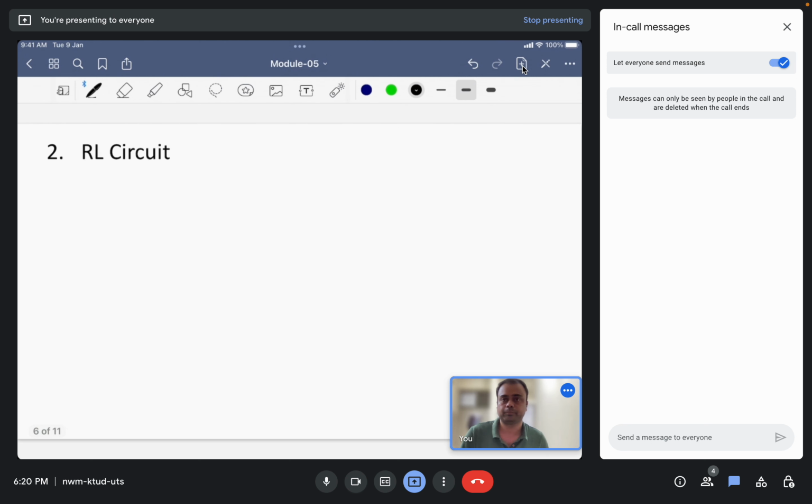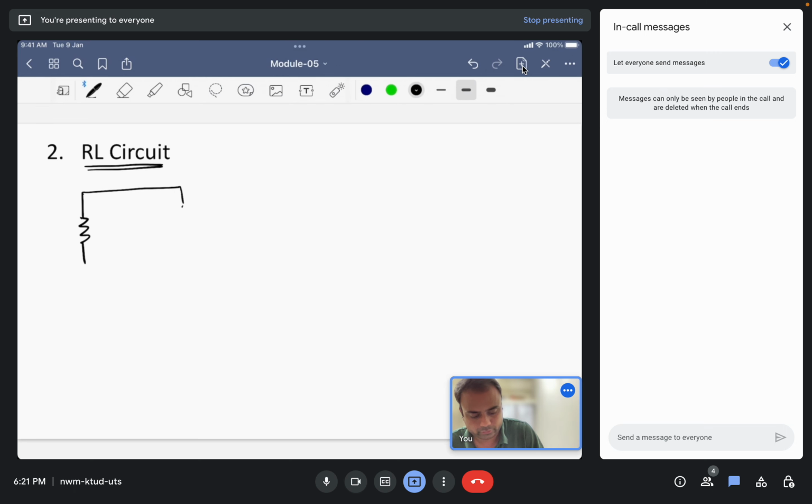So the next topic is the RL circuit. Just as we discussed the RC circuit, now we'll move on to RL circuits. Again in the RL circuit we will have two cases. The first case will be a charged inductor. So let us first discuss the first case.